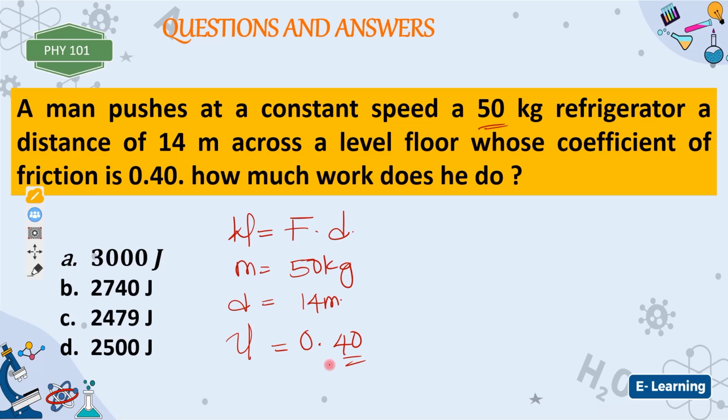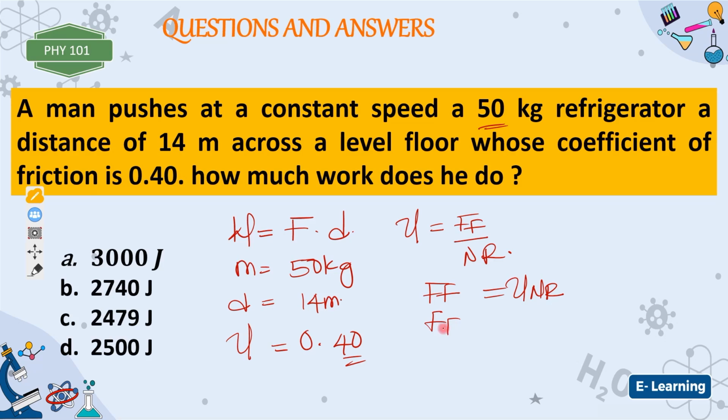Now, how do you know the amount of work the person has done? It's very easy. What is the formula for coefficient of friction? We said coefficient of friction, U, is equal to frictional force all over normal reaction. Is that okay? Now, what do you think frictional force is? It is U times normal reaction.